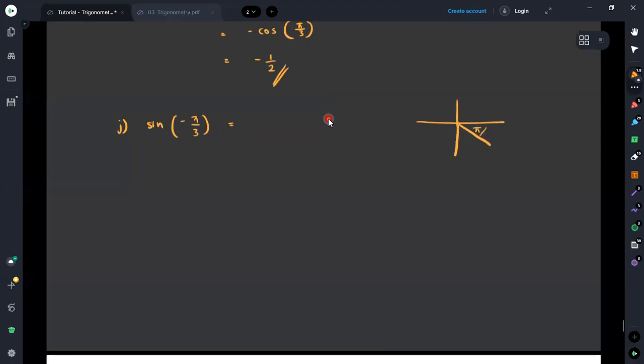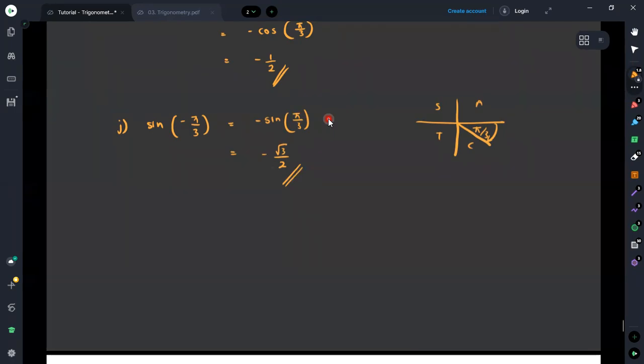Then only the cosines have the positive sign, so this is equal to minus sine 5 over 3. Sine 5 over 3 can be considered as root 3 over 2, and multiplied with the minus sign, we get minus root 3 over 2.